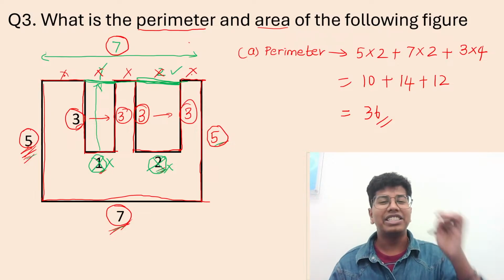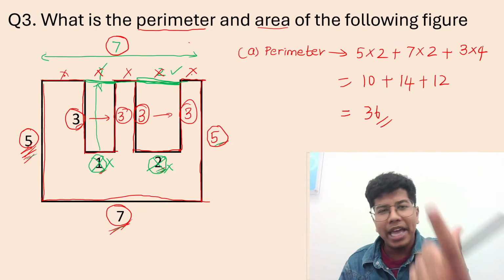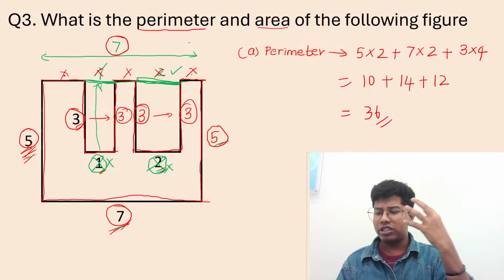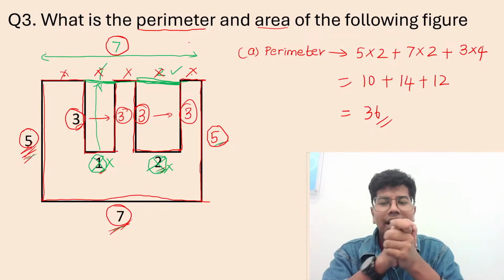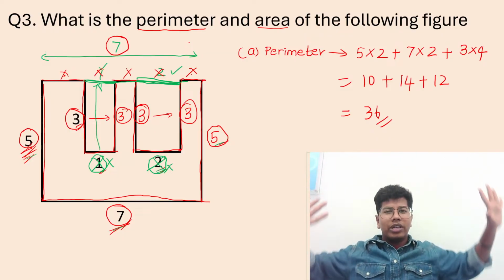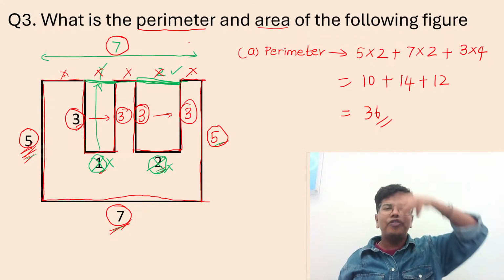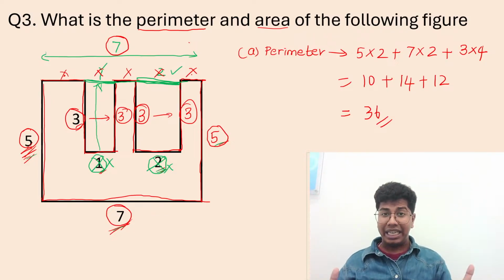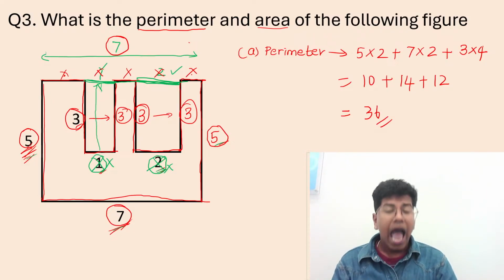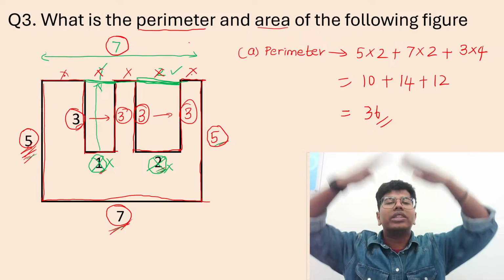So this completes just part A of the question, where we have found the perimeter. But the thinking method that we have used is that out of the total perimeter, there are some bites that are present. To fill up these bites, we tried to imagine it as a complete figure, and then we pushed out the parts.